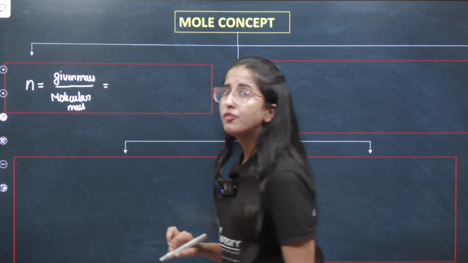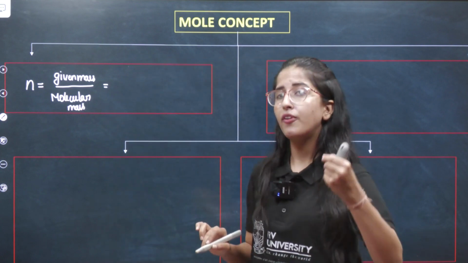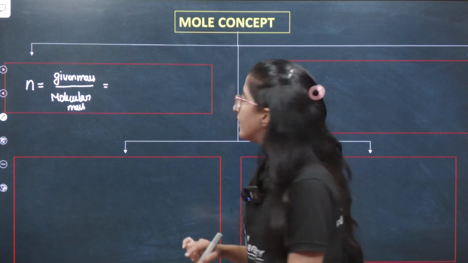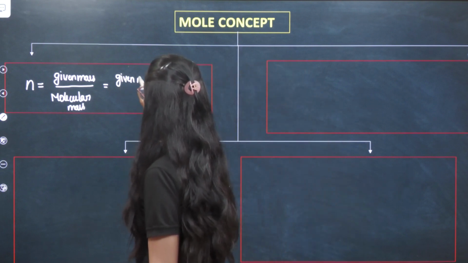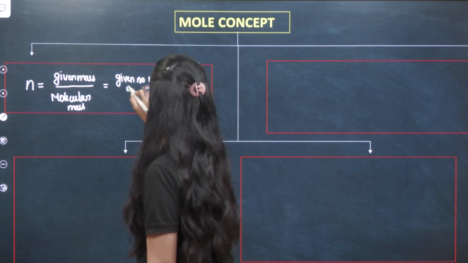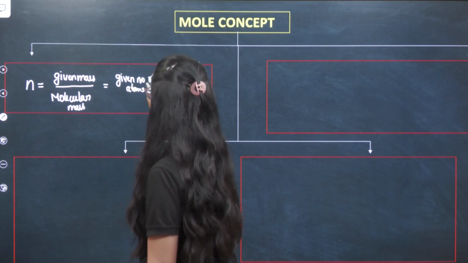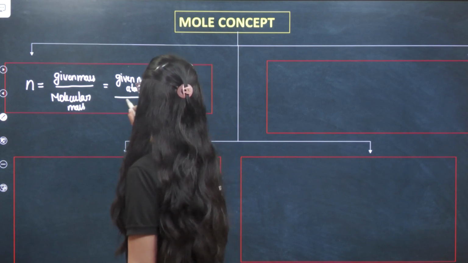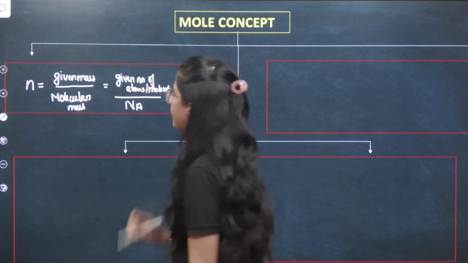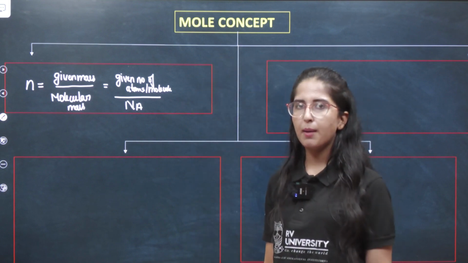If you are given the number of atoms or molecules, then the given number of atoms or molecules divided by Avogadro's number will give you the number of moles.